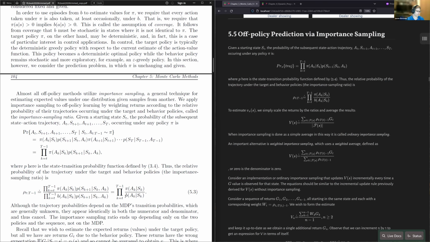You can see here that the probability of the behavior policy taking an action is in the denominator of this ratio. So if this was ever 0, it would be an undefined value, and that's a problem because then we can't compute this. The numerator can be 0, which means that the behavior policy took an action that the target policy would never have taken. That just means this product will end up being 0, which is fine. But we can never have this be 0 in the denominator.